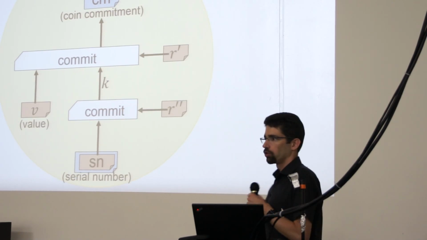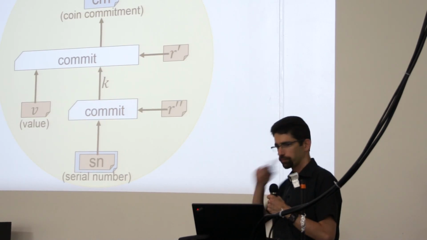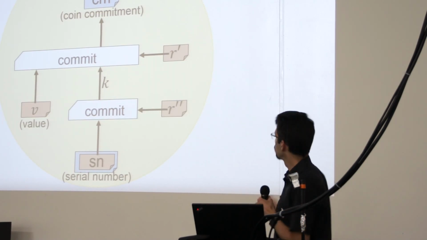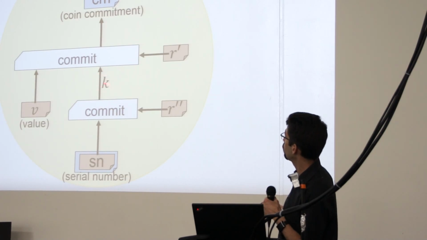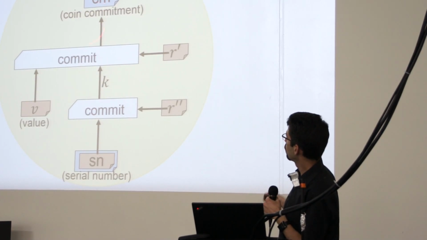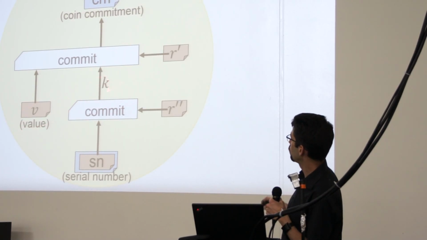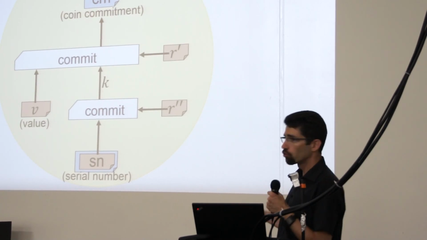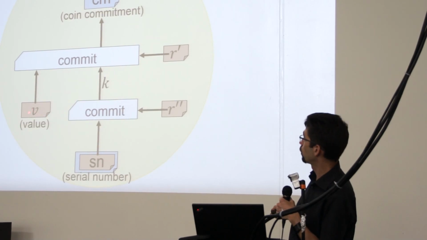Now, to mint a coin, to convince you that I indeed correctly created such a coin with the right value, I just reveal the value, and I reveal this intermediate commitment k and the commitment randomness R prime, and I say, look, here's a CM, and if you just do this part of the computation, you see that the V, K, and R prime that I gave you are consistent, so you can believe me that this CM is a commitment to stuff that contains the right value.